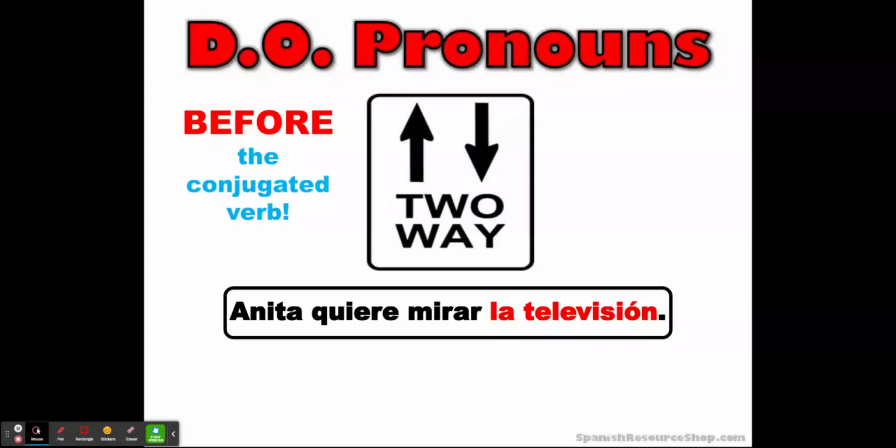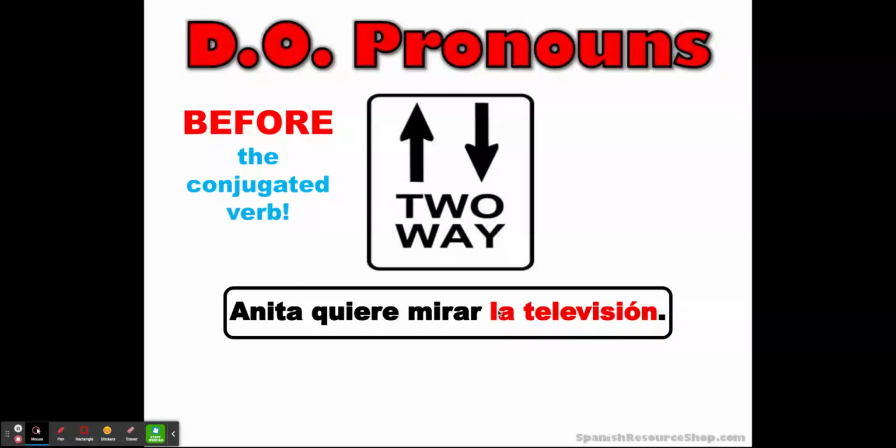Before the conjugated verb. Anita quiere mirar la televisión. Here you have, what is it that she wants? Mirar. Remember, you're using the infinitive form. Anita quiere mirar la televisión. And then you have the direct object, and so you're going to use the definite article.